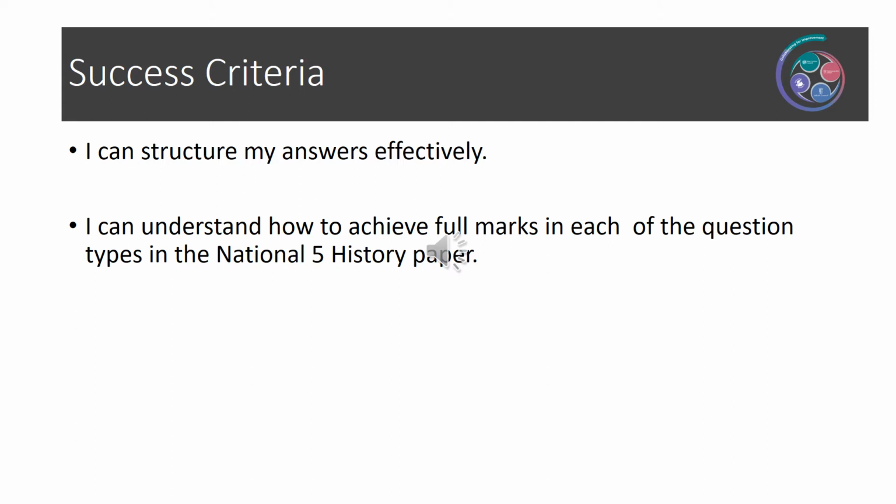So not only will you have a clearer understanding of exactly how you should put your answers together, but you should also be able to understand exactly how the marks are allocated and where each of the marks are coming from within the questions that you're going to be answering.